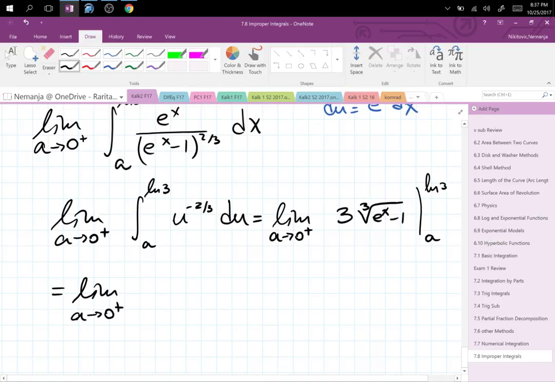So the limit goes a to 0 plus, and now I have ln 3 to plug in. So that's 3 minus 1 is 2, so 3 cube root of 2, minus 3 cube root of e to the a minus 1.